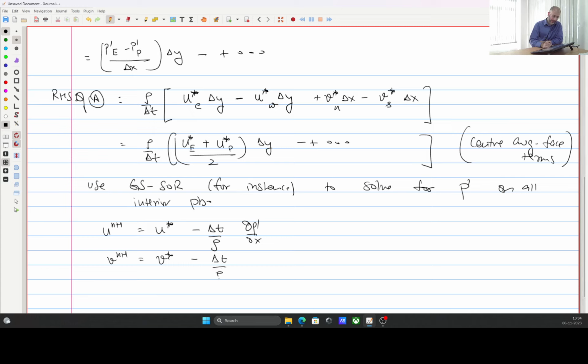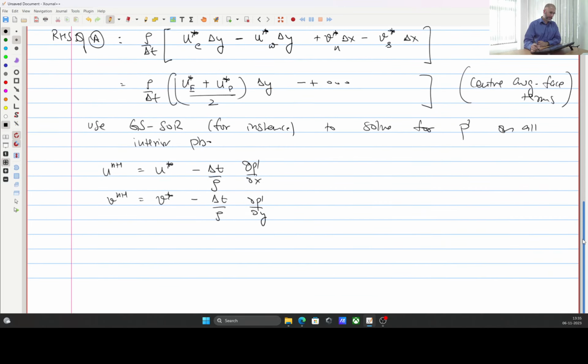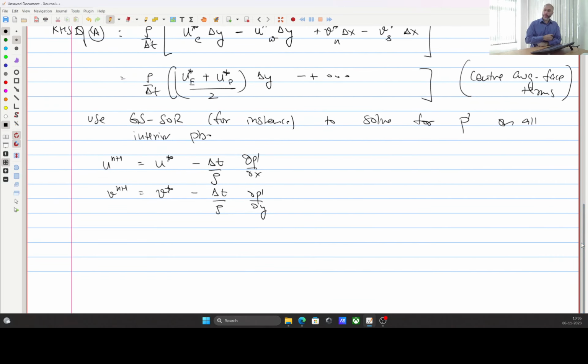That was step number 1. So now that you know p prime, you can get del p prime by del x at all interior nodes, as well as del p prime by del y at all interior nodes, to get u n plus 1 and v n plus 1 at all interior nodes. So job done. So one step is completed. Any questions?